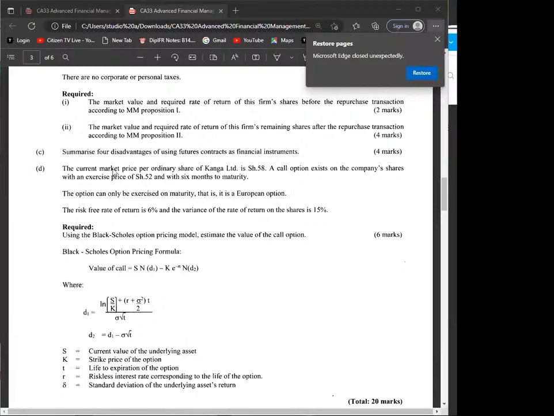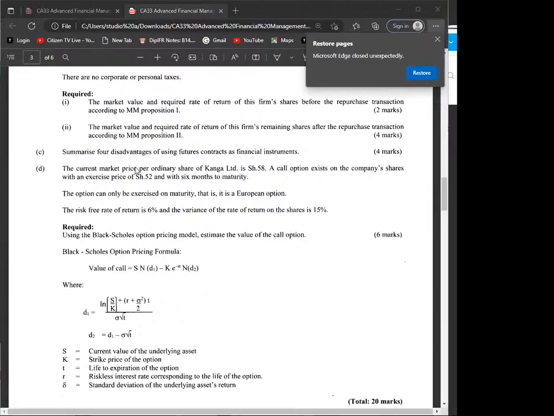The current market price per ordinary share of Kanga Limited is 58. A call option exists on the company shares with an exercise price of 52 and with 6 months to maturity. The option can only be exercised on maturity. That is, it's a European option. How can they give you that kind of a leading answer? The risk-free rate of return is 6%, and the variance of the rate of return on the shares is 15%.